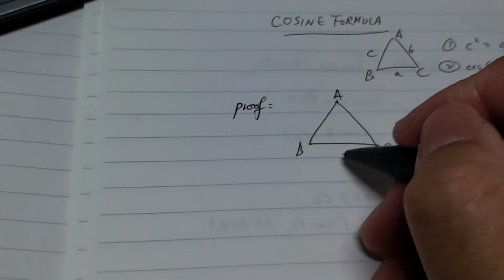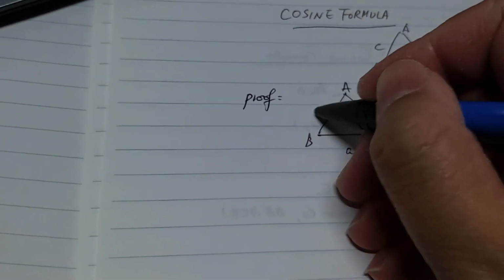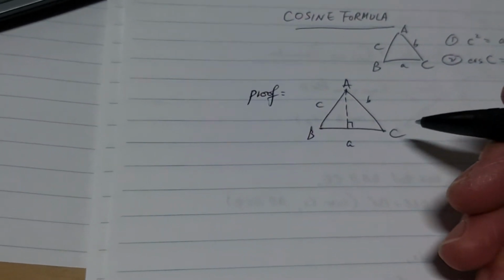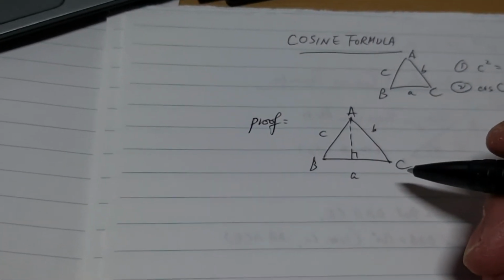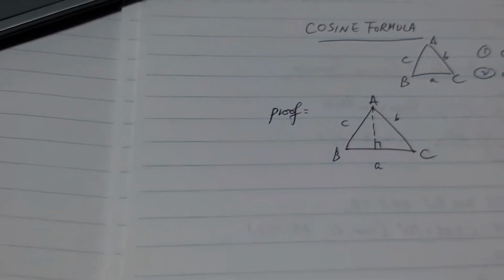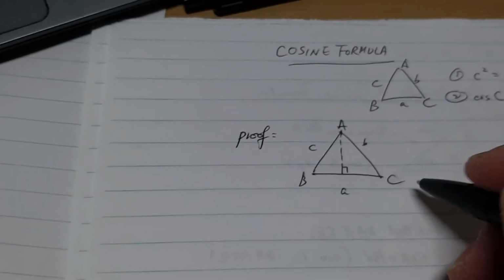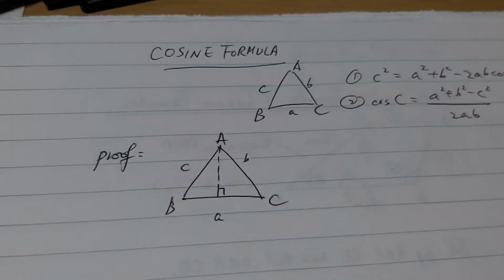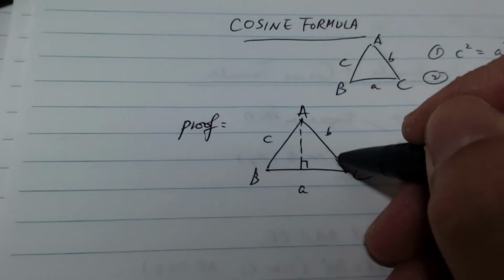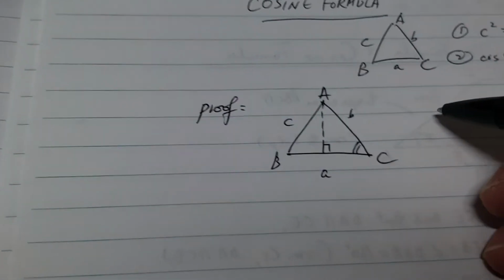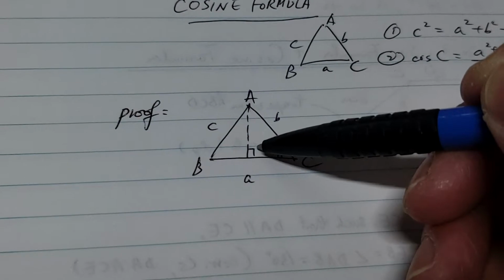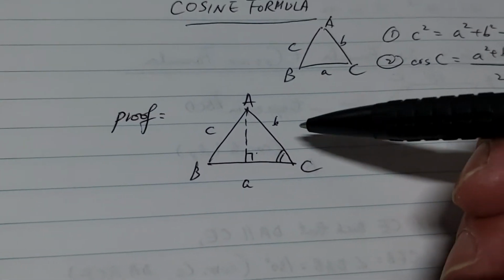So again, triangle ABC. This is A, this is B, this is C. Again, we draw the altitude from A to BC, just like the proof of the sine formula. So again, we need to find cosine C. If we want to write down cosine C, we need to have the hypotenuse and what?